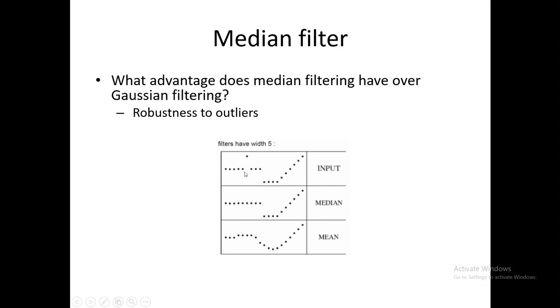So once we get the median, we can see the input and the response of the median filter. The outlier is removed with the median filter. However, if we use the mean filter, the outlier may affect the values of other pixels as well. In the case of the median filter, there is no effect of this outlier on the other pixel intensities.